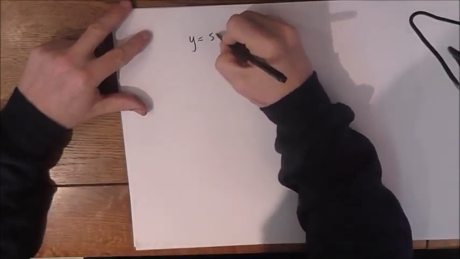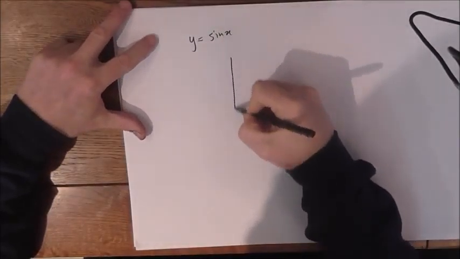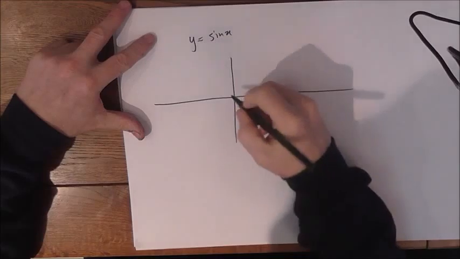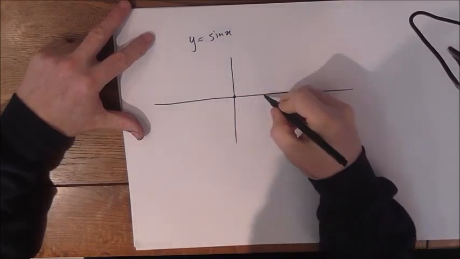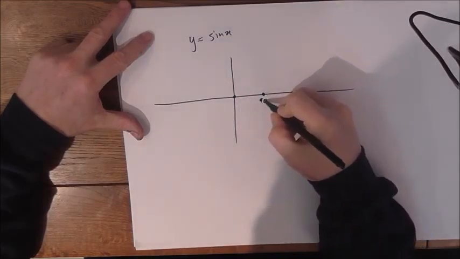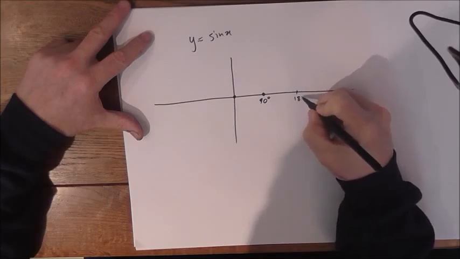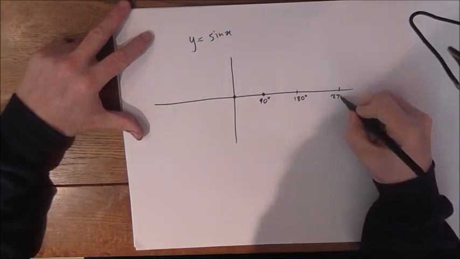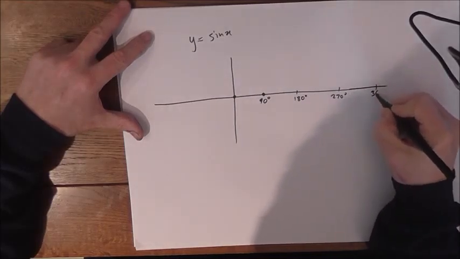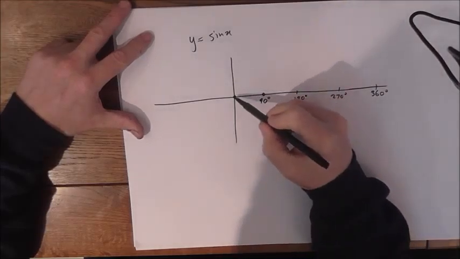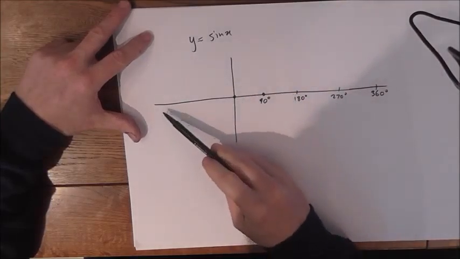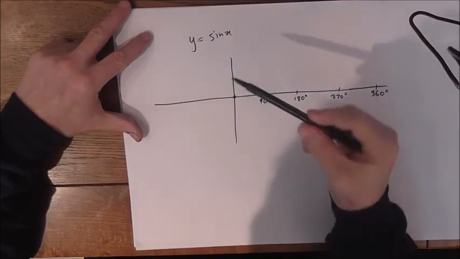There's y equals sin x. I call this the Loch Ness Monster. It does something interesting every 90 degrees. By interesting I mean, imagine this is like the sea level of Loch Ness.